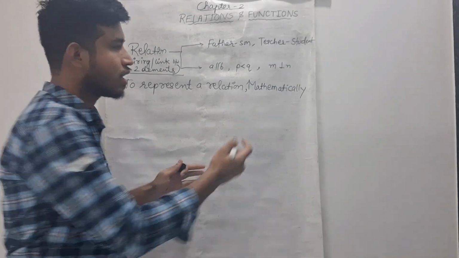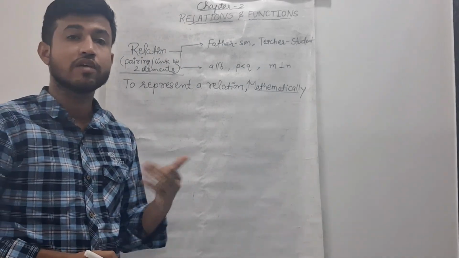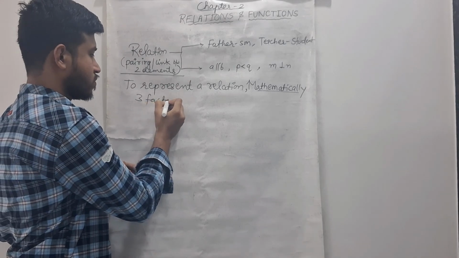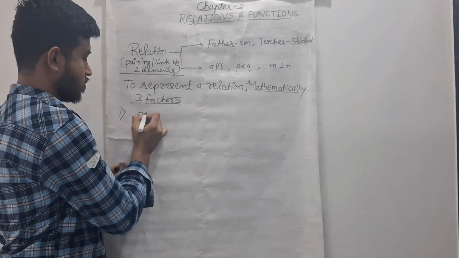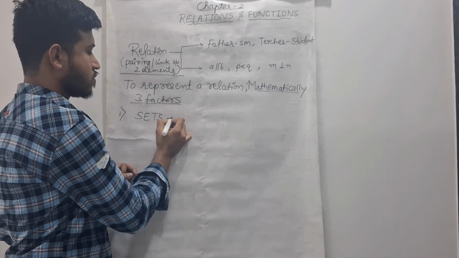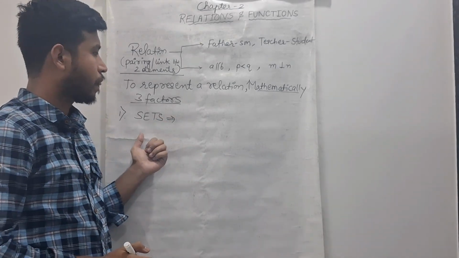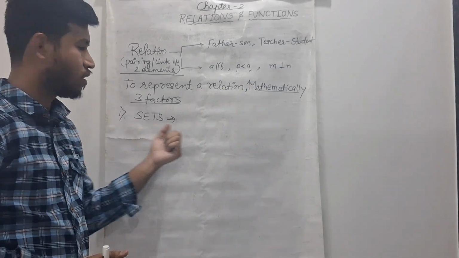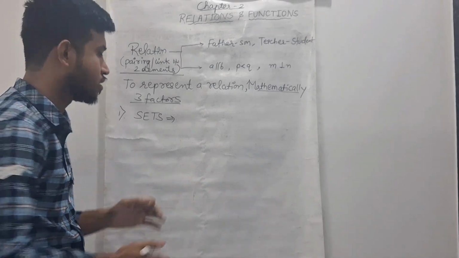How to represent a relation mathematically? It needs three factors. First is set. We are representing a relation in mathematical terms. First, we need set to represent a relation.